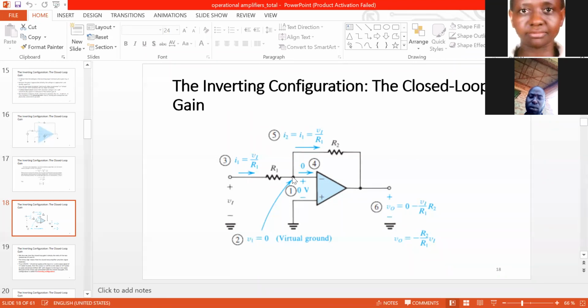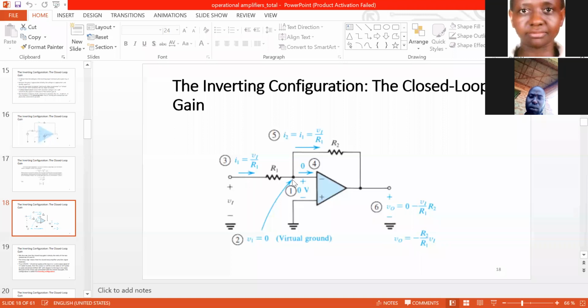So when we get to this node at the inverting input terminal, we observe that all the current that flows through R1 must also flow through R2, because it cannot flow into the op-amp input terminals.